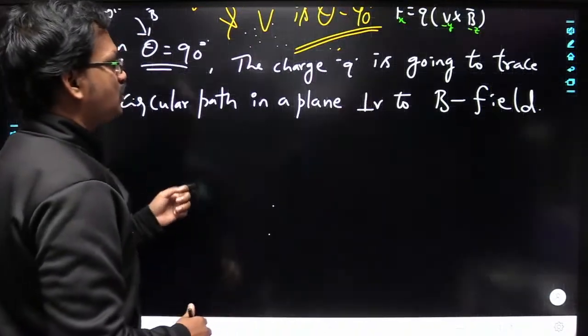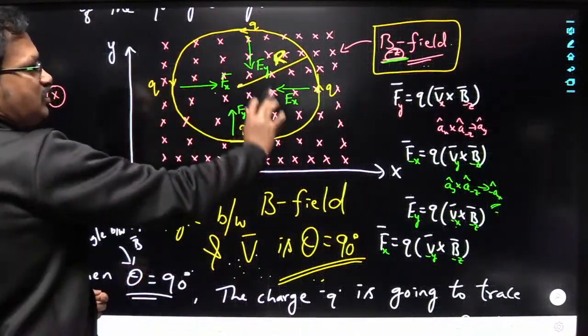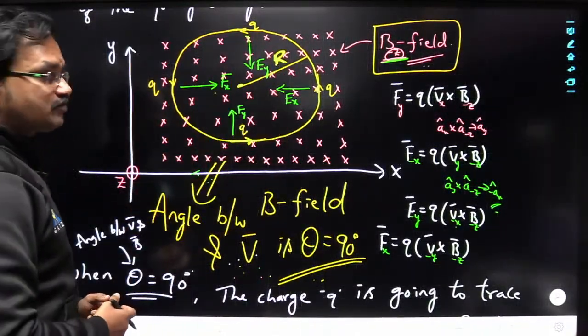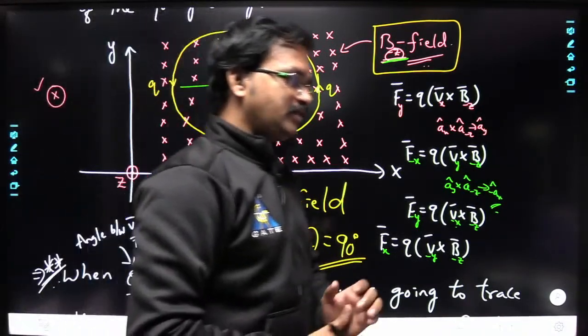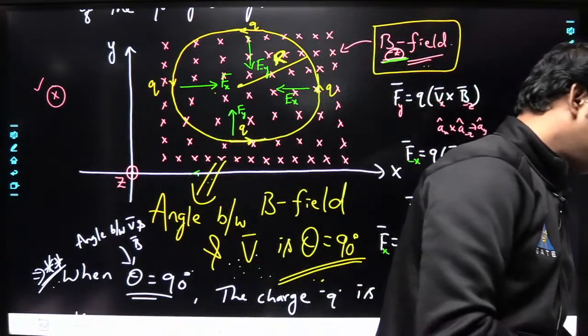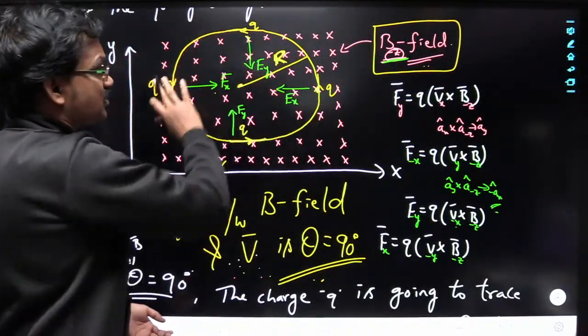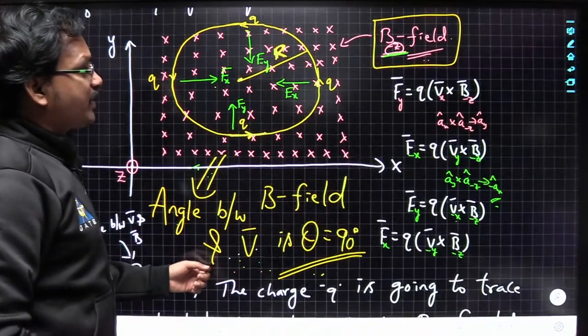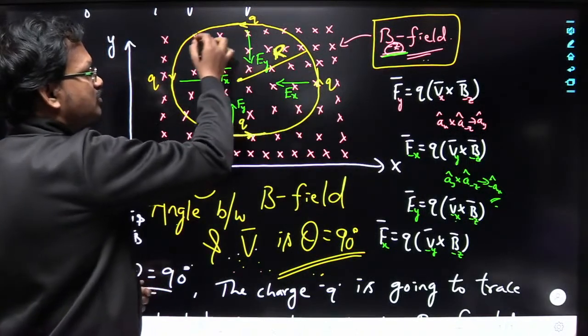Okay, fine. So now we try to determine the radius of this circular path here. How to determine the radius of the circular path? See here, the charge is moving along this circular path.